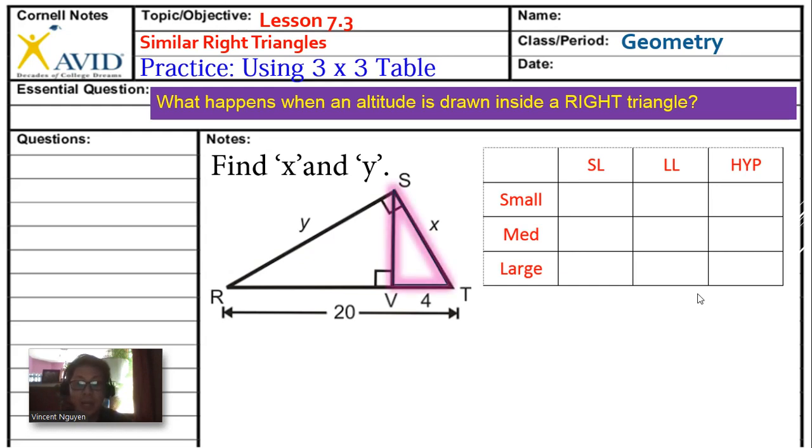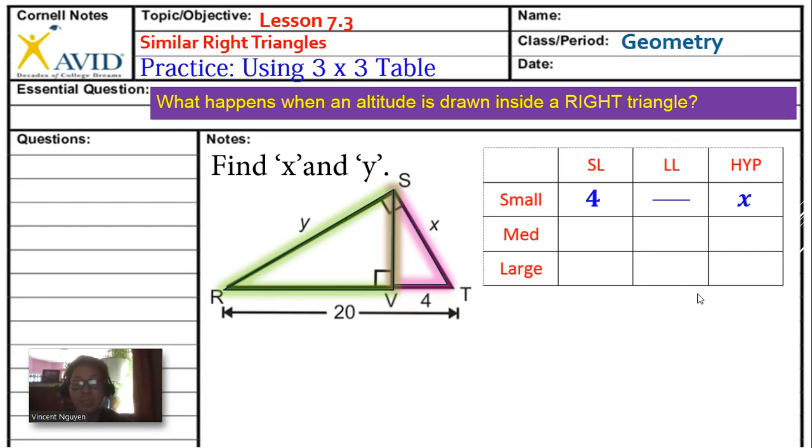The short leg is 4. The long leg, I don't know, so it's blank. And then the hypotenuse is x. So 4, blank, x. The medium triangle, which is the yellow one there, I highlighted it for you, or green. Short leg is blank. Long leg is 20. Oh, actually, nope.